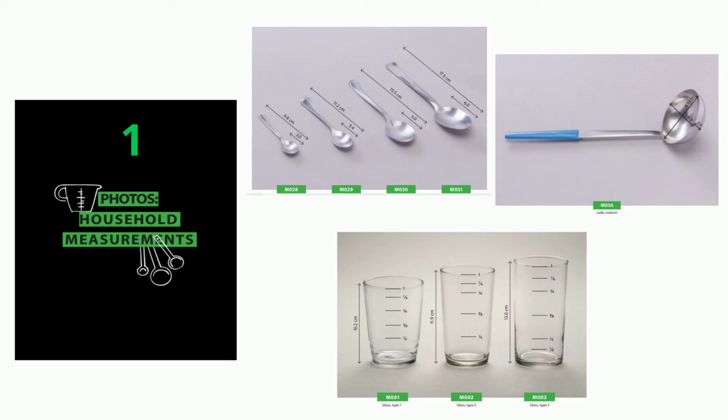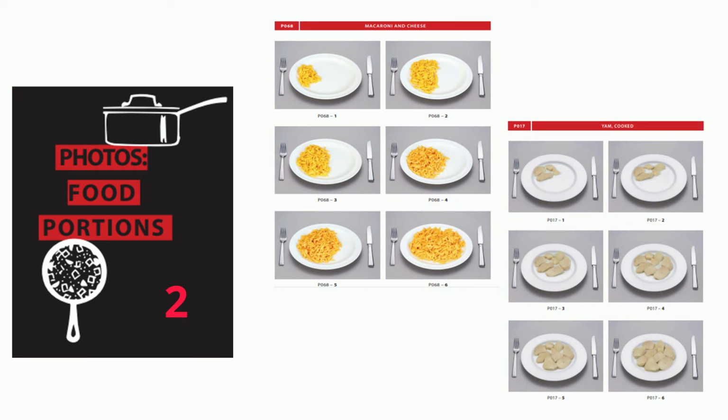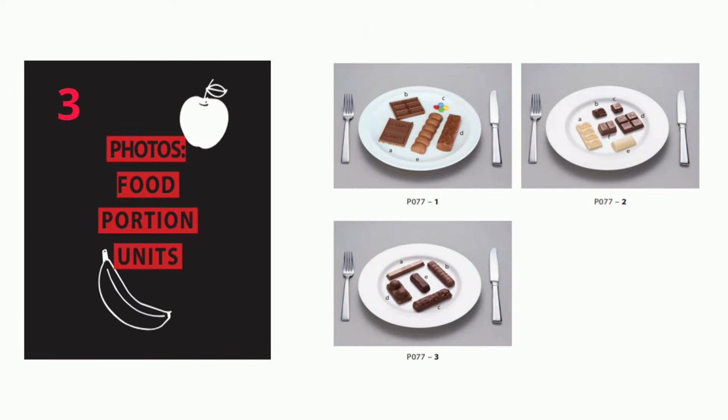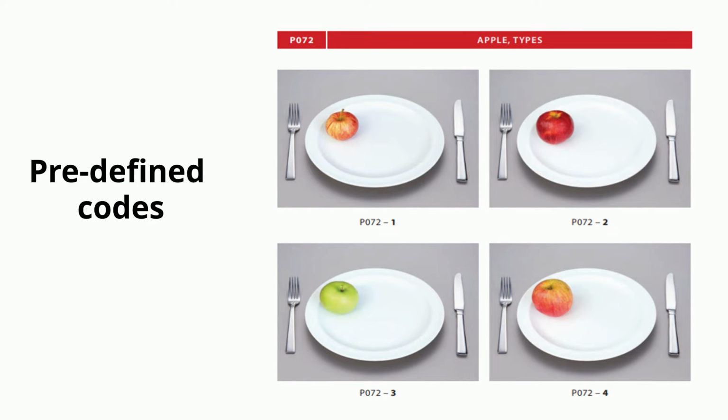The first one contains images of different household measurements. The second one has food portion sizes. And the third one has photos of the food portion standard units. All the photos from the sections contain predefined codes that can identify which photo from the manual could be used.